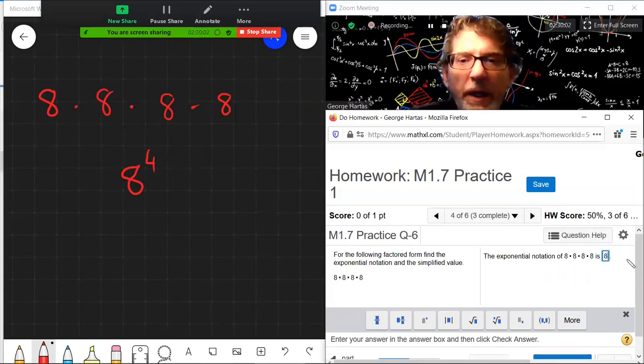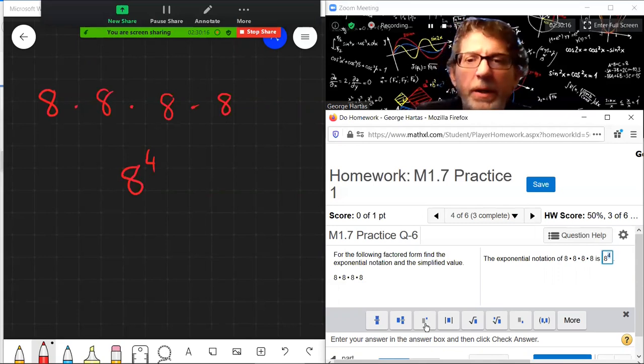So type in 8, and then you see this little symbol down here, right there. If you hover over some of these symbols, it'll tell you what they are. You want this thing, this superscript. And then you can type it in there. And by the way, superscript and some of these other symbols, do you see that other symbol here?